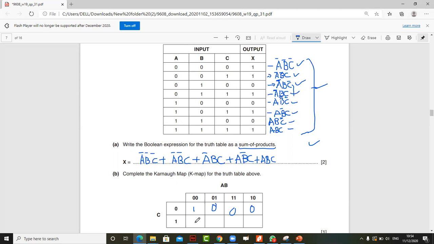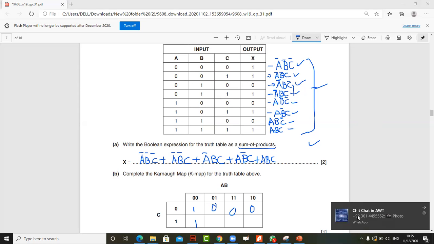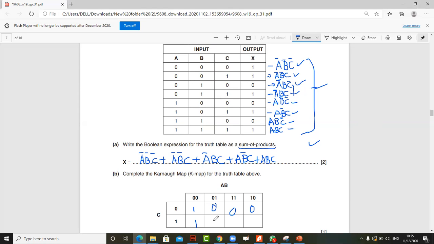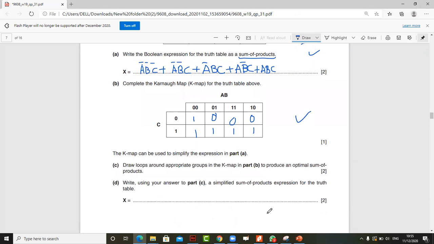And when AB is 0 0 and C is 1, here is 1. Okay, and when you have AB as 0 1 and C is 1, you're again getting 1. And when AB is 1 1 and C is also 1, you get 1 1. And when AB is 1 0 and A is 1, you're getting 1. Okay, done, right?